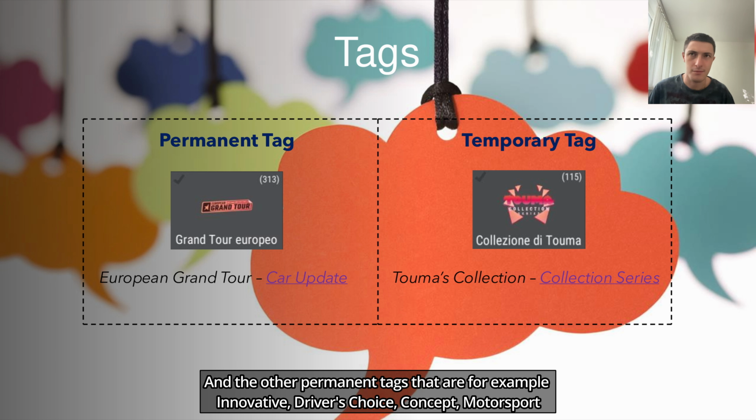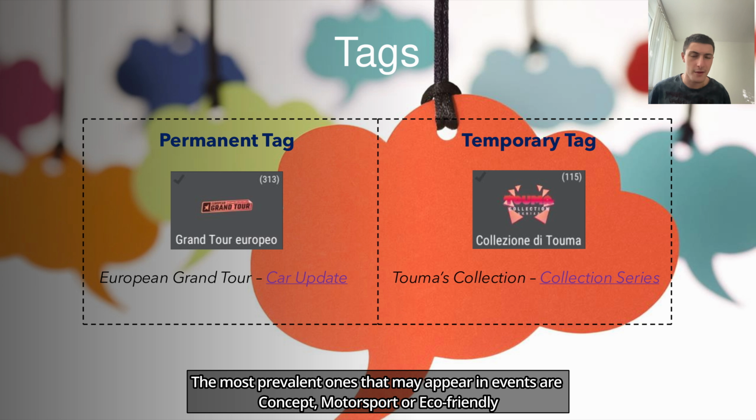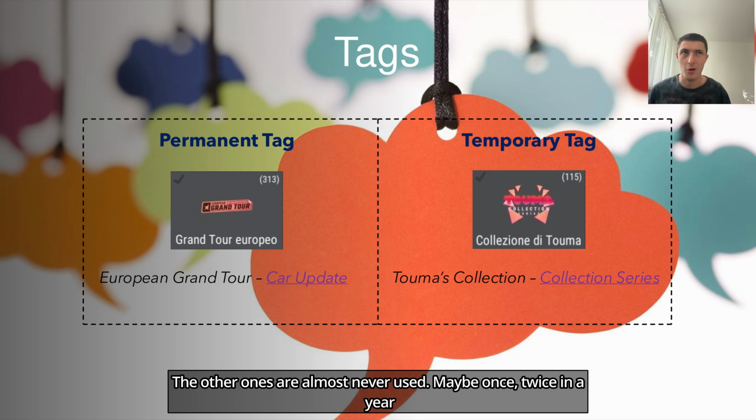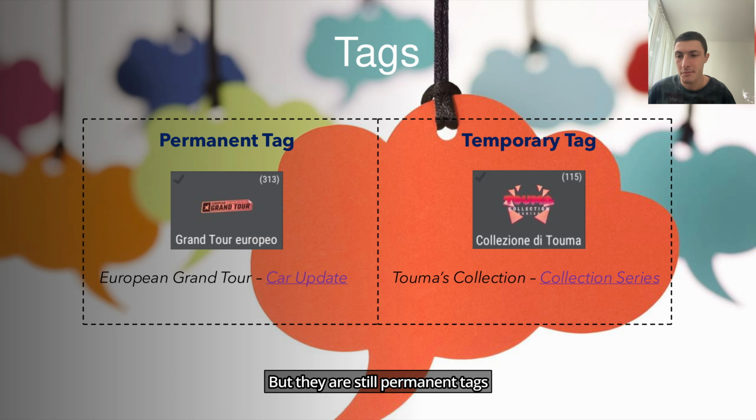And there are other permanent tags that are, for example, innovative, driver choice, concept, motorsport. All of these are permanent, but they're not car update tags. Sometimes they appear in events, sometimes they don't. The most prevalent ones that may appear in events are motorsport, concept, or eco-friendly. The other ones are almost never used, maybe once or twice a year. But they are still permanent tags.